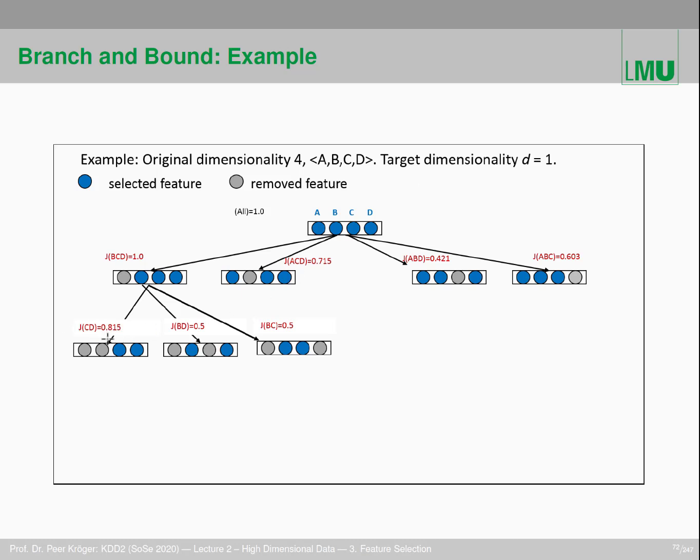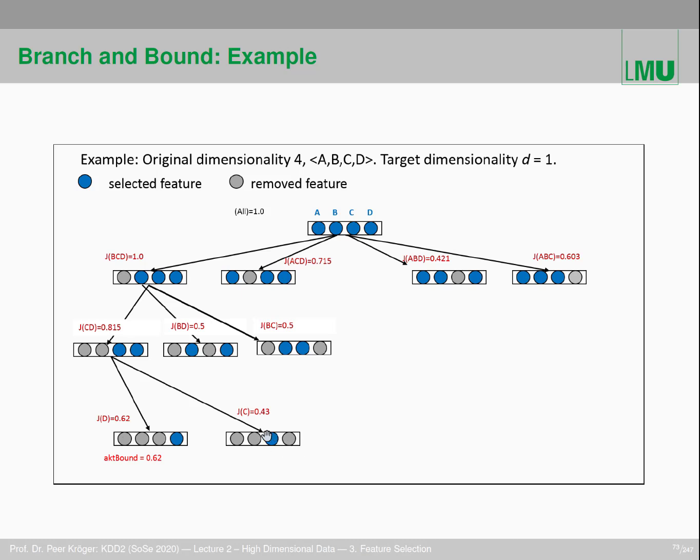So we look at the projections, the subspaces of this subspace CD, which is D and C. And you see here that now we reached our target dimensionality, and we take the best one as the actual bound. So this one here is the best one-dimensional subspace which we found so far.